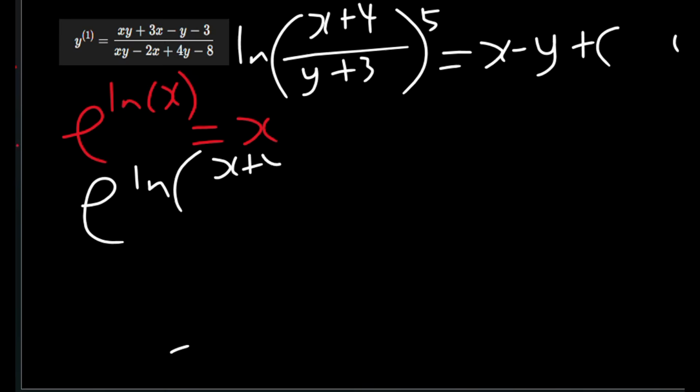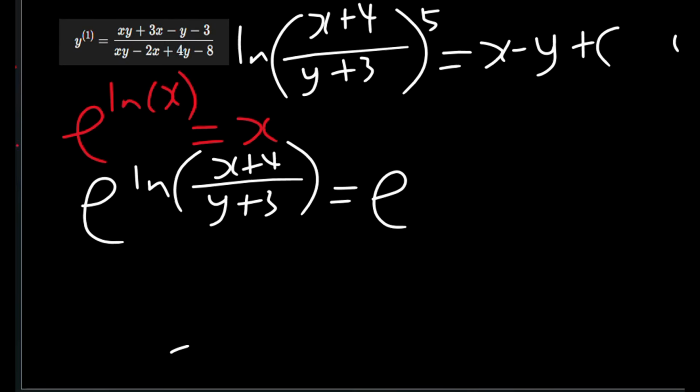So ((x plus 4) over (y plus 3)) all to the power 5 is equal to e to the power x minus y. So we are multiplying through the equation by the exponentiation and then e to the power c. Don't forget your 5. Yes.